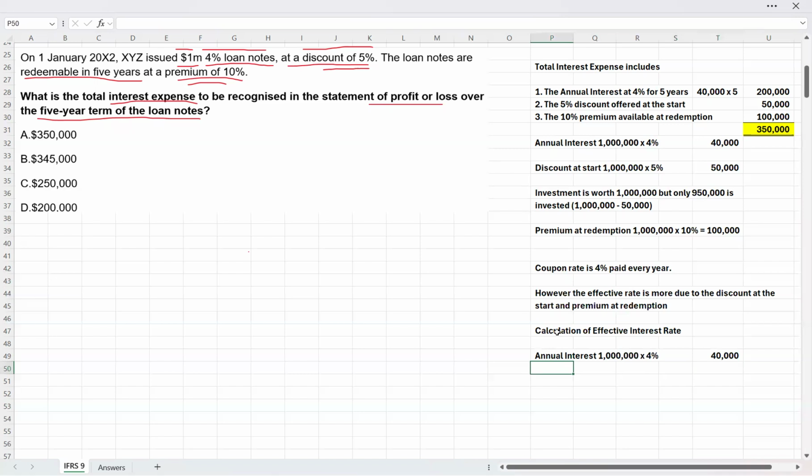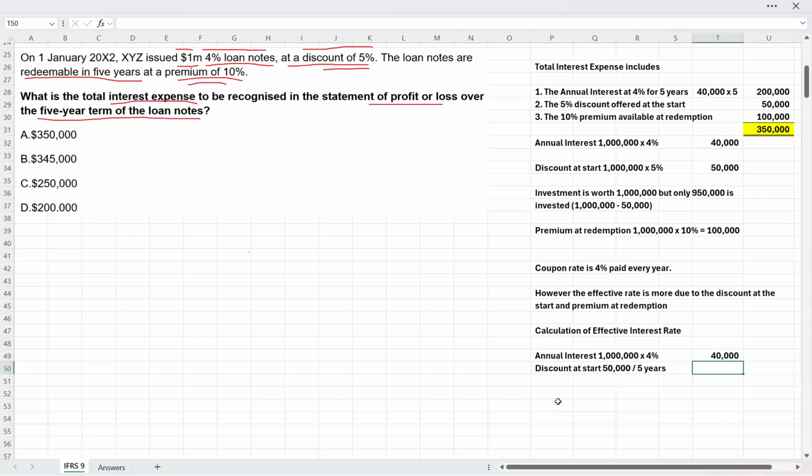We're going to calculate the annual interest. The discount at the start was 50,000. So you see, that is one time. But if we're trying to calculate the annual value, we have to divide it by 5 years, because I'm trying to calculate the effective interest rate for 1 year.